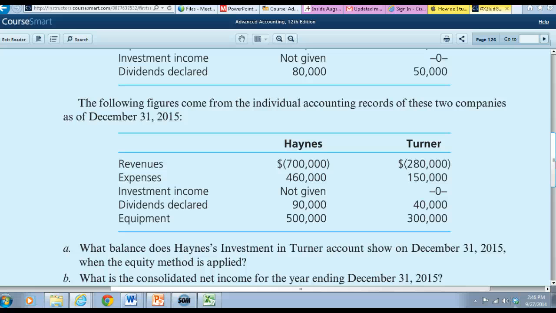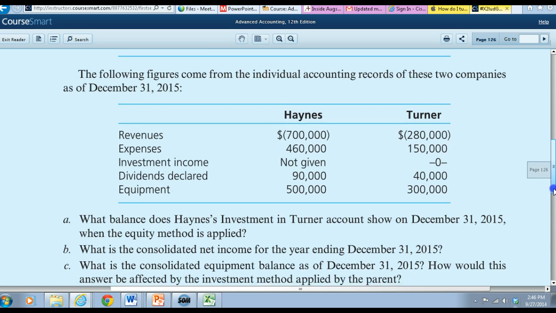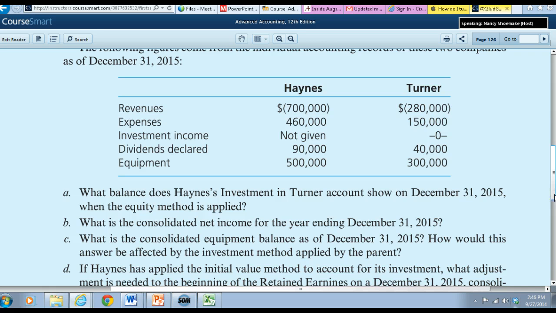It gives us our revenues, our expenses, the dividends declared, and equipment for 2015. Now the first question asks: what balance does Haynes' investment in Turner show on December 31st, 2015 when the equity method is applied?